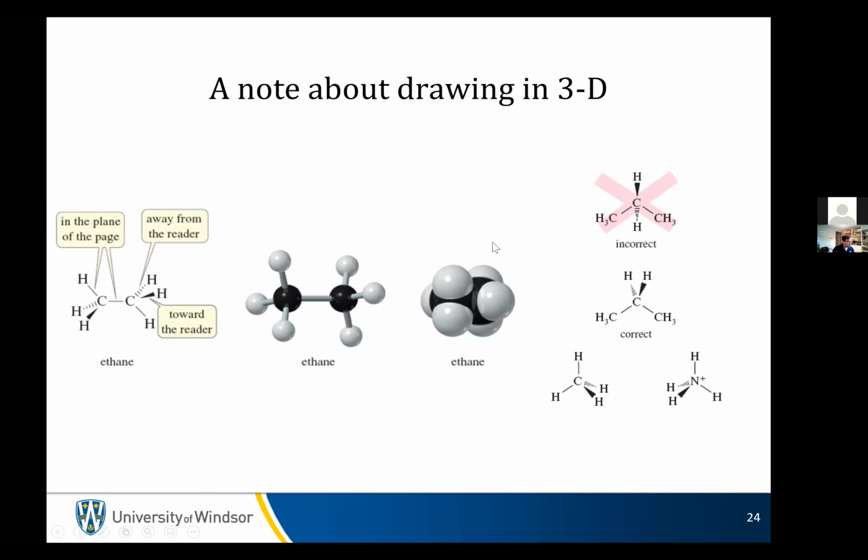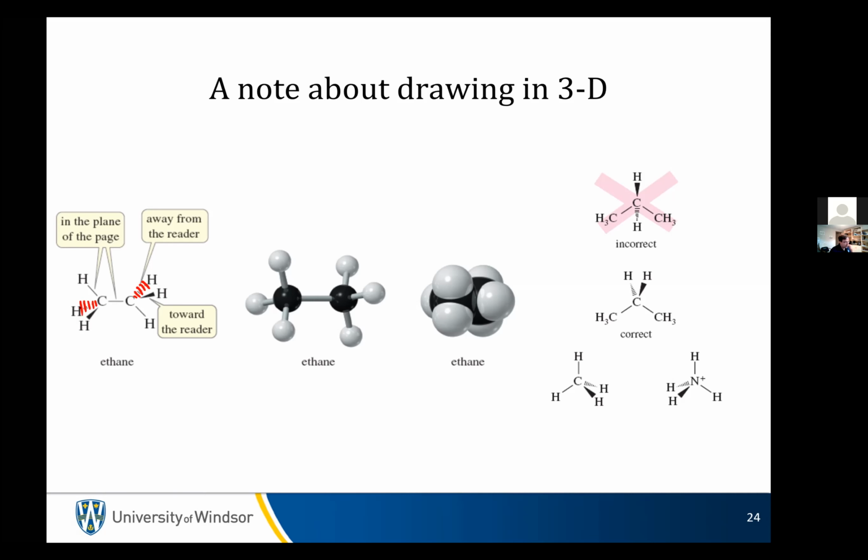Again, the textbook I took this from was a European textbook. And the Europeans and the North Americans disagree on how we should draw the back wedges. You can normally tell from context which way it is.